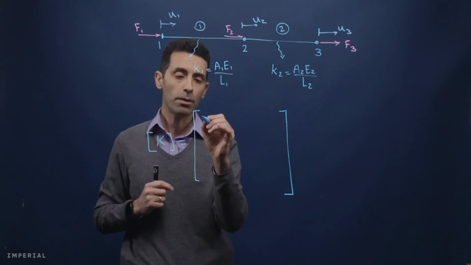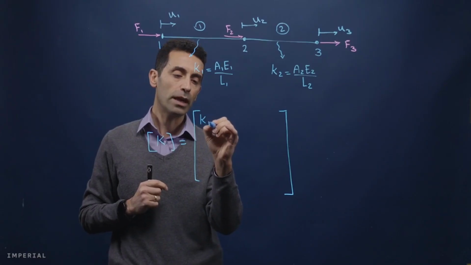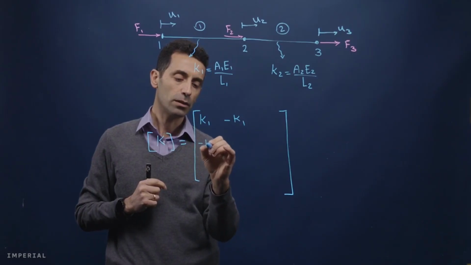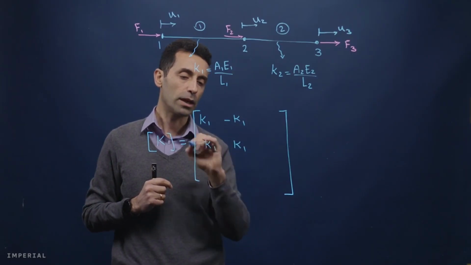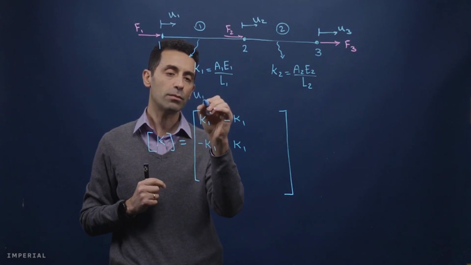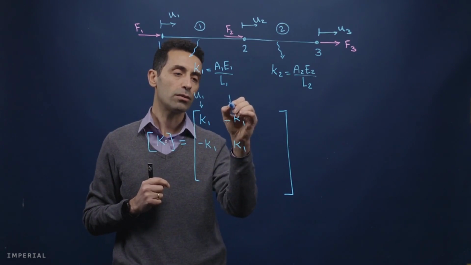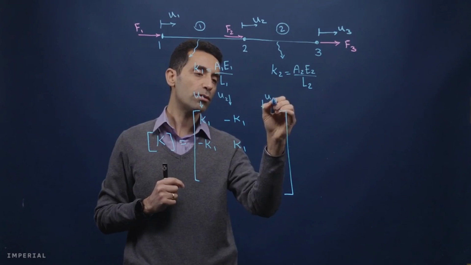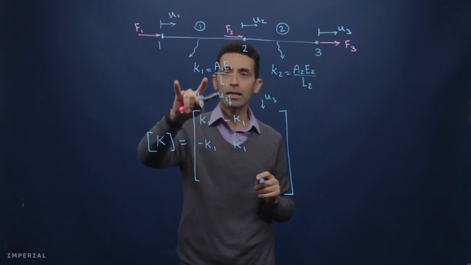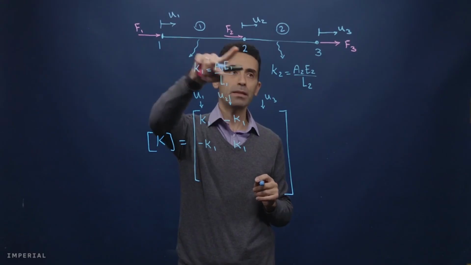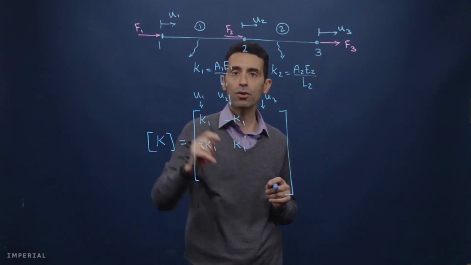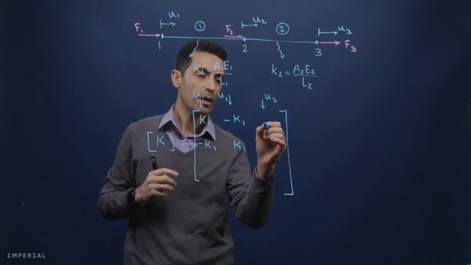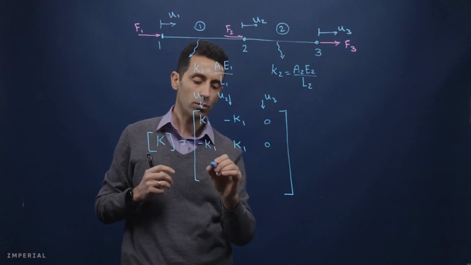So if you remember, the components were K1 and minus K1, minus K1, and K1. Okay, so this is related to degree of freedom U1, this is related to degree of freedom U2, and this one is related to degree of freedom U3. But as you can see, there is no connection between this element and node number 3. All right, so essentially there is no involvement of node number 3 here, and therefore the stiffness related to that would be 0.